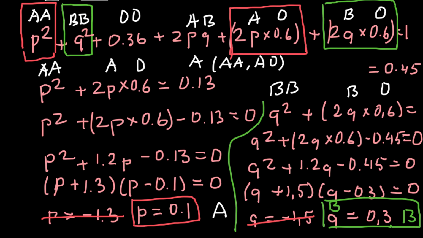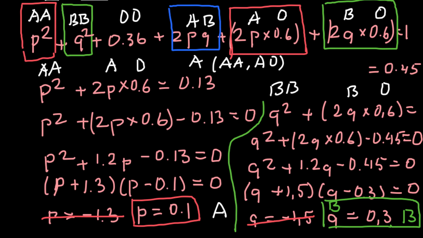Now we have to check this part of the formula. This stands for the genotype, or in this case genotype equal to phenotype AB.